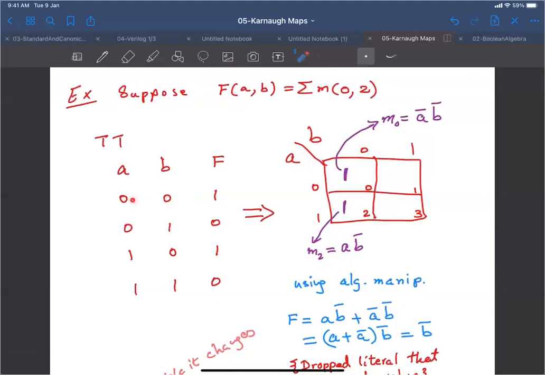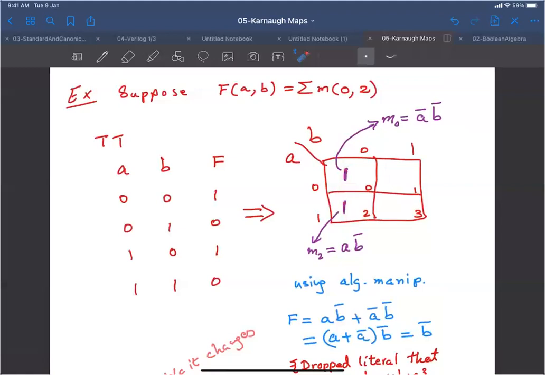This is row number 1, which is 0,1. Then row number 2 is 1,0, and row number 3 is 1,1. So my F is 0, 2, and so I put a 1 here and a 1 here.